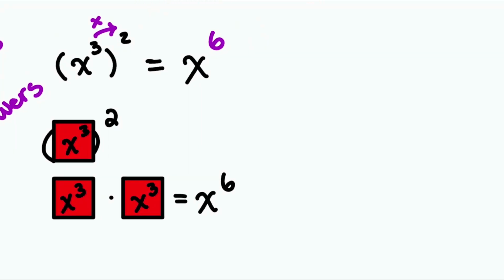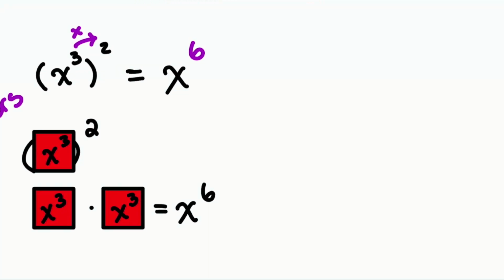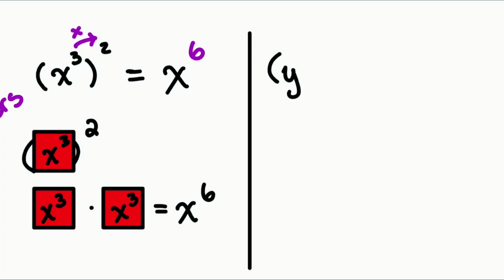And if you don't believe me on that one, I'm going to give you another example right here, side by side. Let me give you a different example with a number other than 2. Let's say we'll do y to the power of 3 all to the power of 4. My party people, watch this. Power to a power, Rosalie, you multiply the exponents.